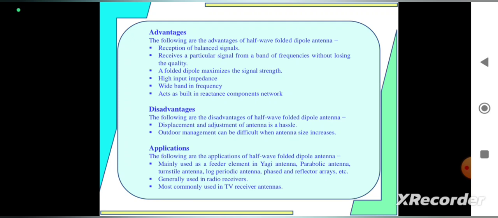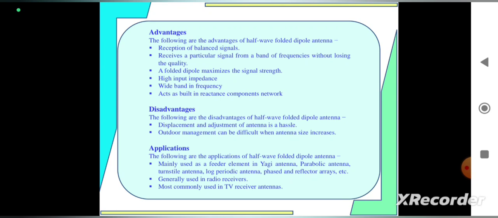What have we all discussed now? A folded dipole antenna is a modified lambda by 2 dipole with an additional wire connecting its two ends. Okay, clear? The folded dipole antenna is an extremely practical wire antenna and is also called an ultra close spaced array because there is no open end.